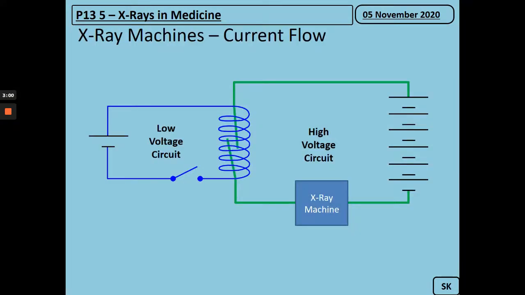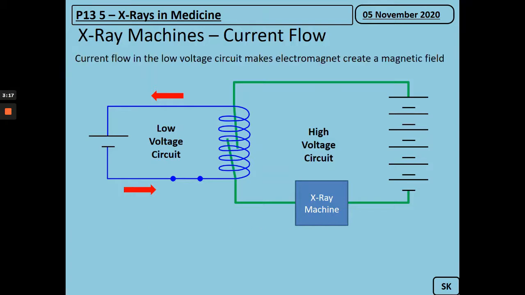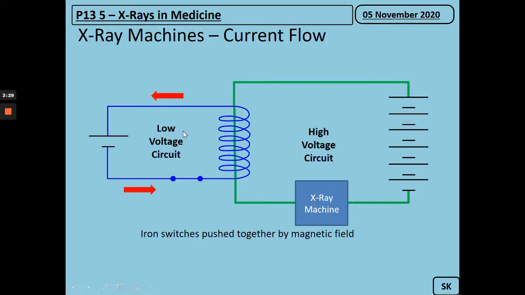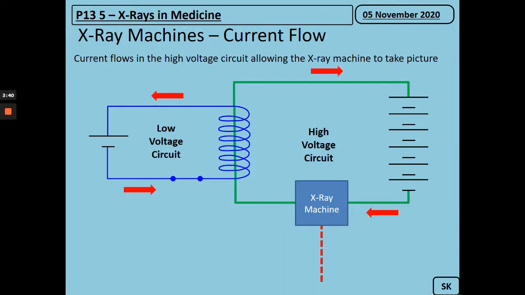So we've got our low voltage circuit, which has a switch in there, and we've got our high voltage circuit. If we switch on our low voltage, then the current flows. That makes the electromagnet in this area here create a magnetic field, which pushes the switch together and completes the circuit in the X-ray machine.